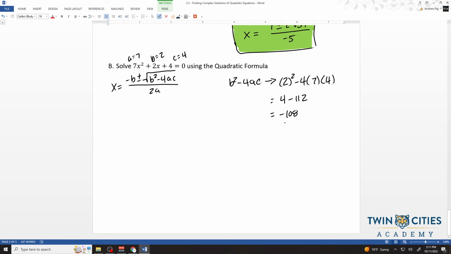So again, because it's negative, my discriminant's negative, I'm going to have two non-real solutions. That's what I'm looking for. Let's fill in the rest of the quadratic formula.